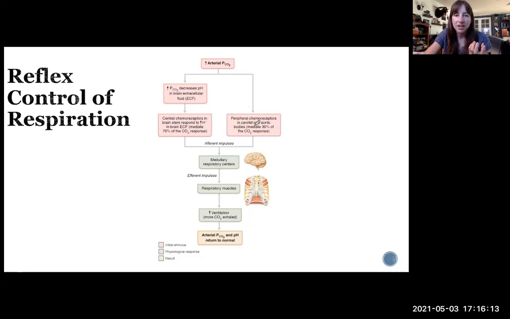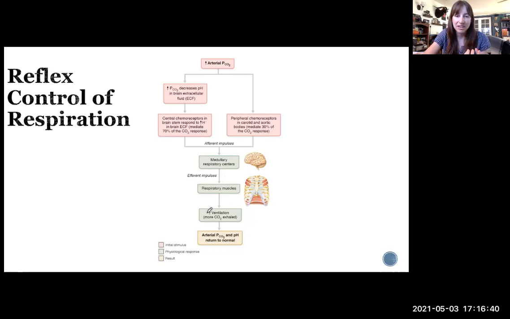So you've got aortic chemoreceptors as well as brainstem chemoreceptors that should be detecting acidification of the blood. You have an impulse then to the brain that causes the medulla oblongata, the medullary respiratory center, to activate the reflex, the involuntary reflex to inhale.